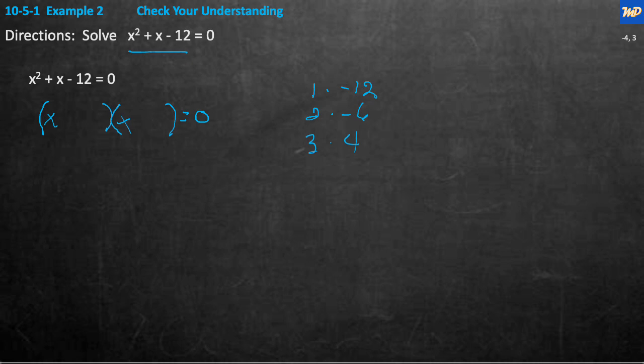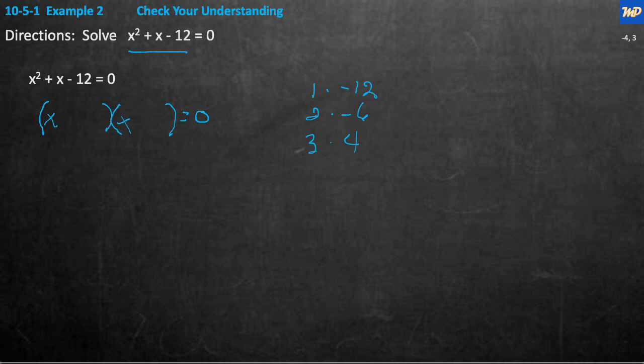Now we just need to know whether they're positive or negative. Well, what is the rule? The rule was if it's a negative c term and a positive b term, then one factor has to be negative and one has to be positive, and the positive one has to be the larger term.